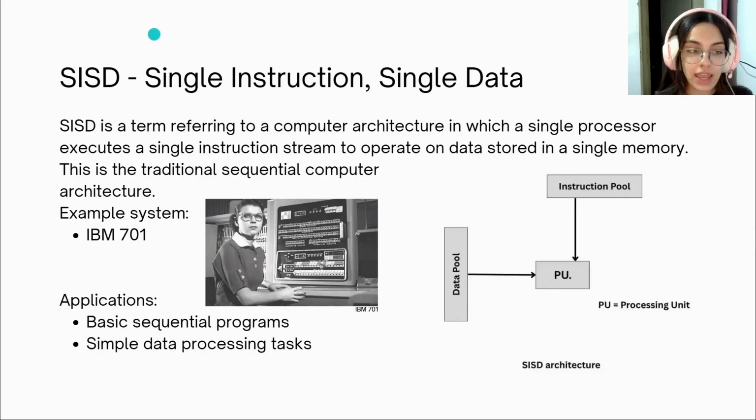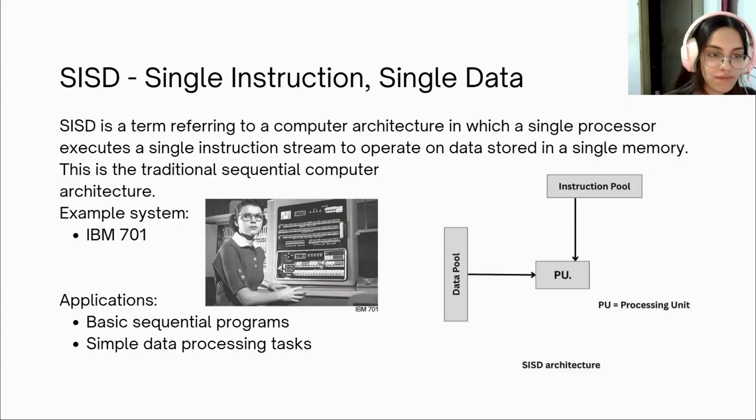Now let's see the SISD, which stands for single instruction, single data. In this architecture, a single processor executes one instruction at a time on a single stream of data. This corresponds to the traditional sequential computer architecture.